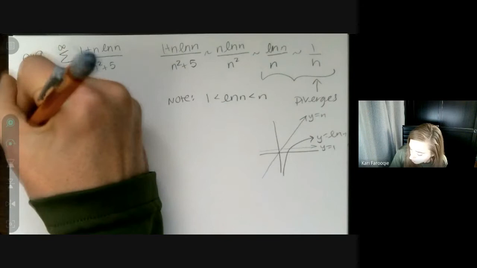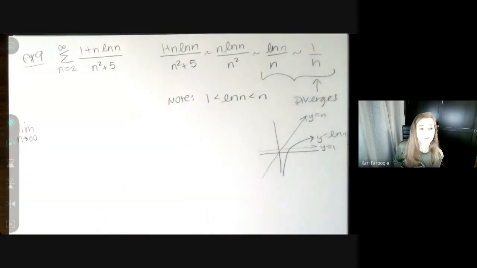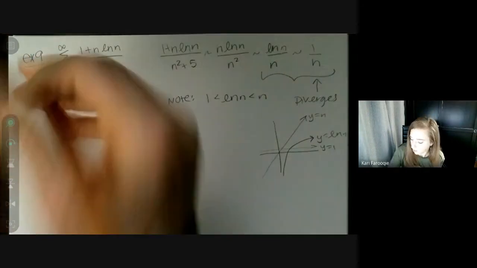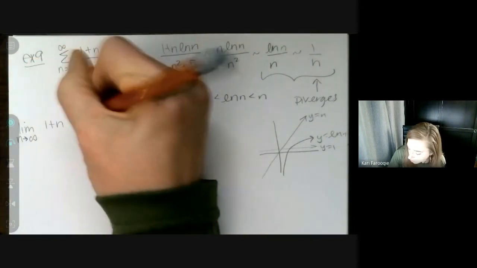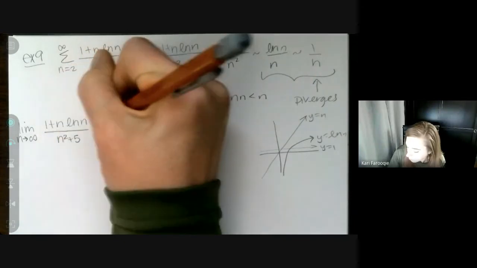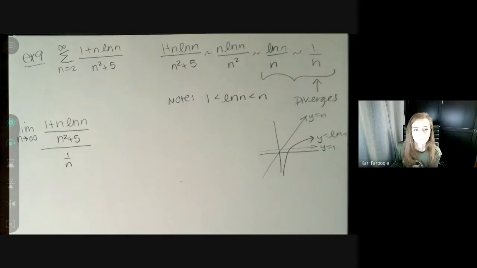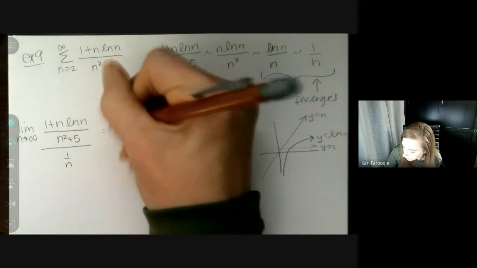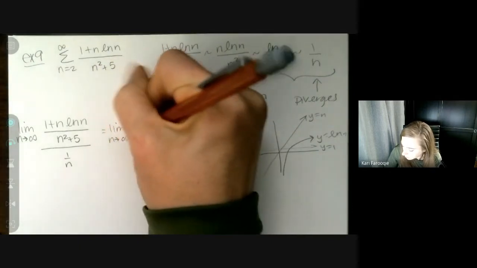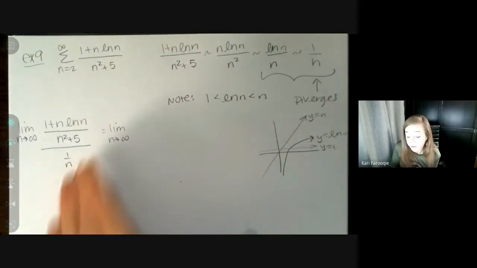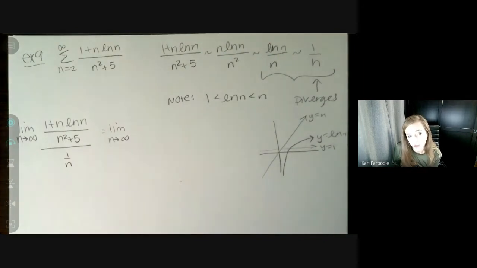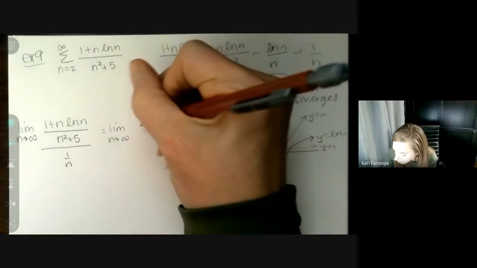All right, but let's go ahead now and we'll pop our limit in here as n approaches infinity. I'm going to take my series 1 plus n natural log n and divide it by n squared plus 5. I'm going to divide that by 1 over n. And then instead of dividing by 1 over n, I'm just going to multiply by n. So when I do that, I'm going to multiply by each term.